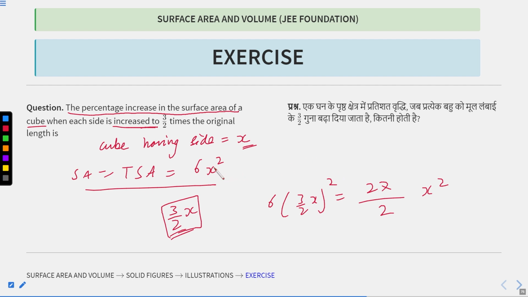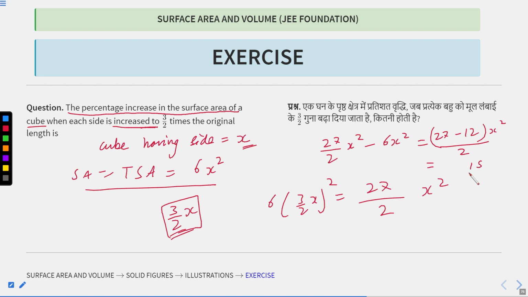So now let's see how much the area increased. So now 27 by 2 x square minus 6 x square will give me 27 minus 12 whole multiplied with x square by 2, which is 15.